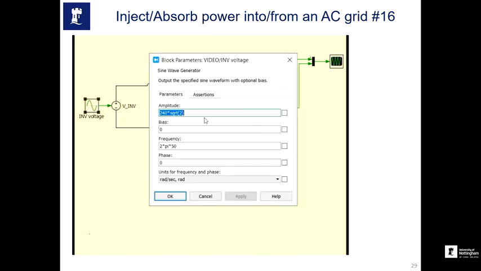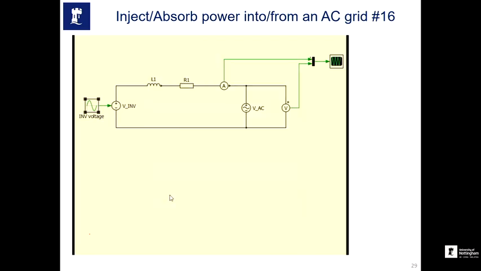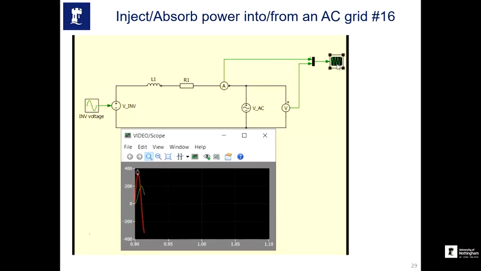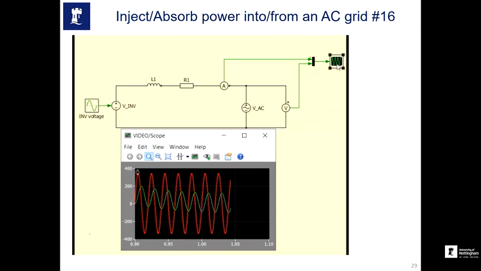Now, in this step, I'm changing the magnitude. As you can see, it's now 1.5 times. We haven't changed the phase, we've just changed the magnitude of the inverter voltage. Let's see what happens if we run the simulation. Now we can see some current flowing in the circuit, but the phase of the current is shifted by 90 degrees relative to the voltage.